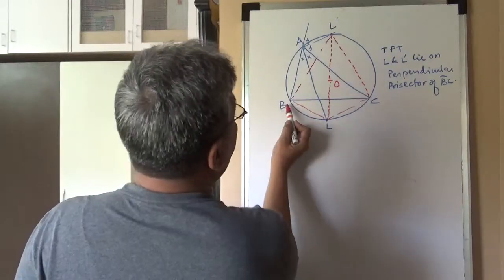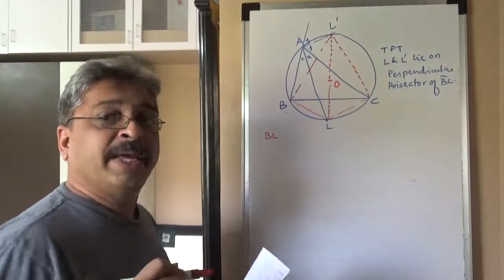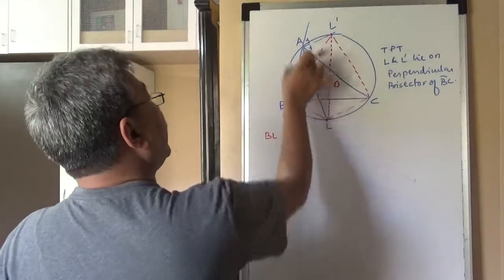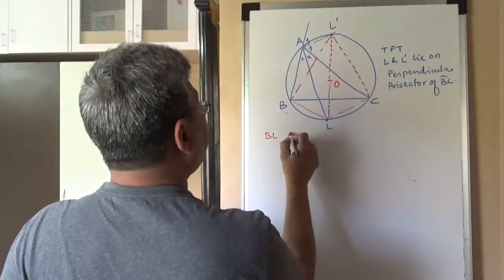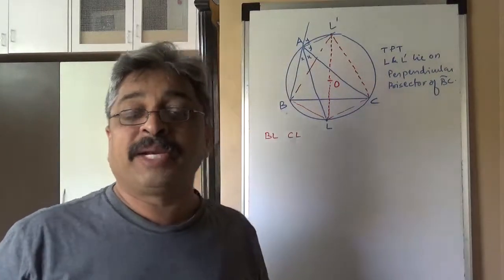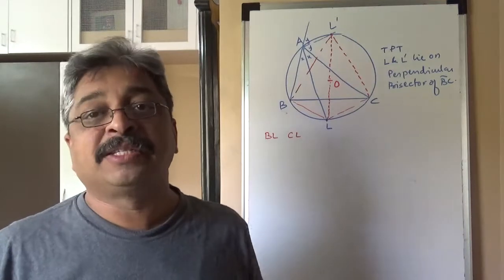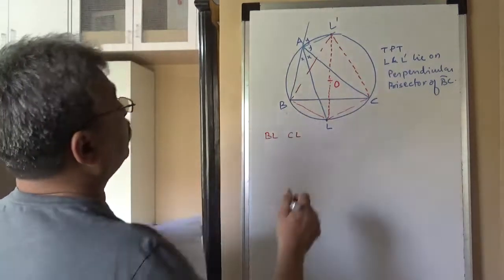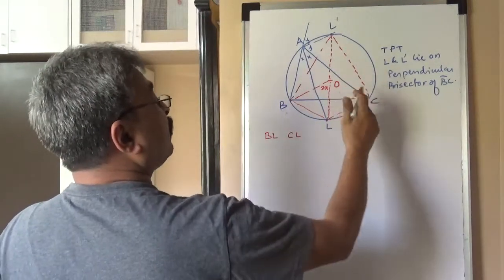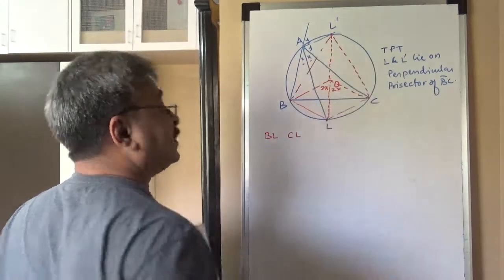Now here, if we consider segment BL, it inscribes angle x in this circle, and segment CL also inscribes angle x at A. So two segments are inscribing the same angle in the same circle. That means their central angles are same. Central angle of BL is going to be 2x, and central angle of LC is also going to be 2x, which is 2 times this x and this x.